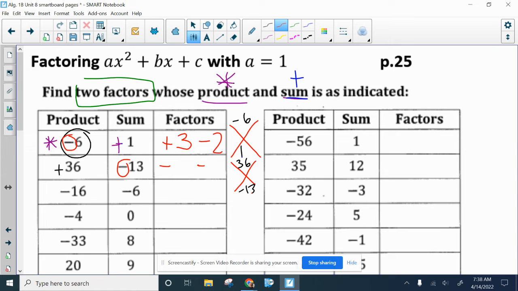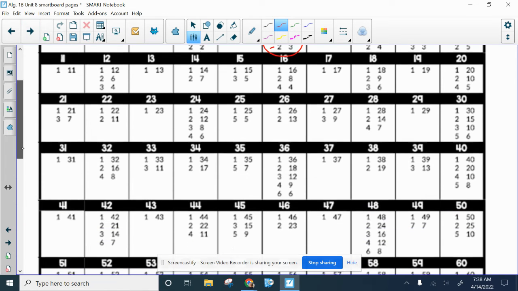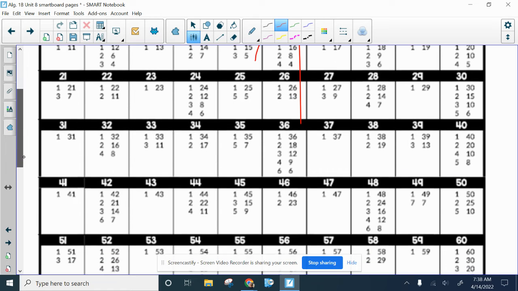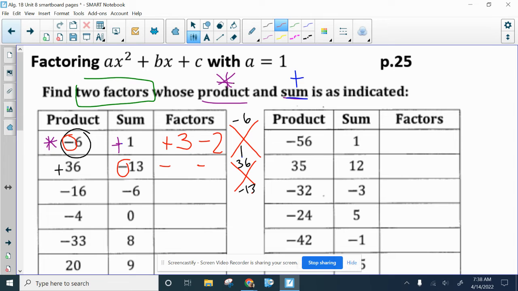So let's go to our chart and look at a product of 36. Now we're going to find 36 on our chart. If I think of both numbers being negative, I'm trying to come up with which pair has a sum of negative 13.